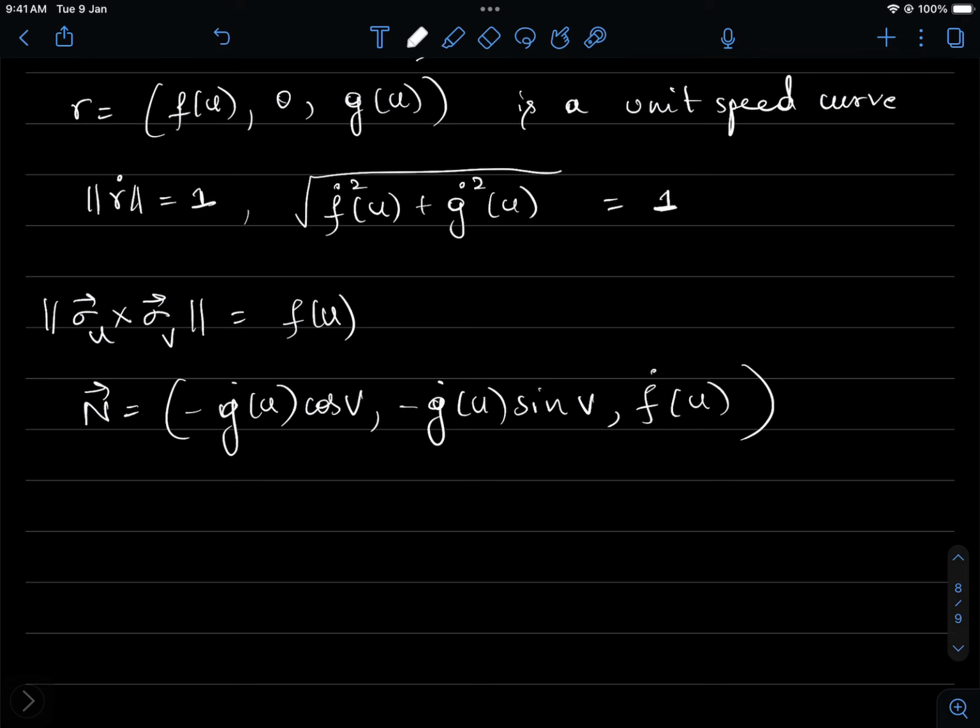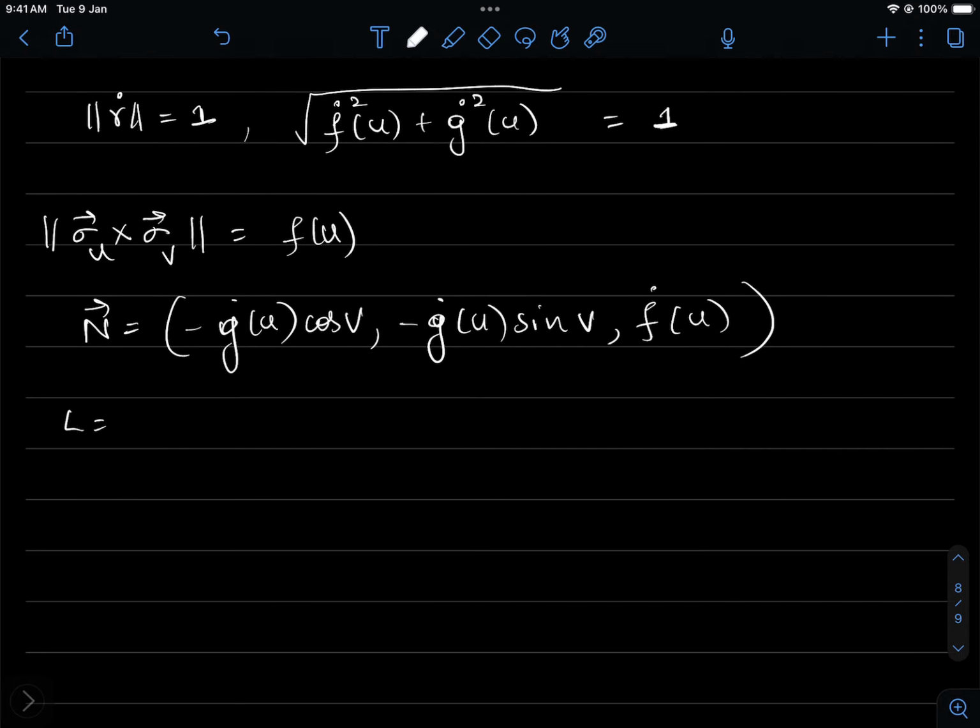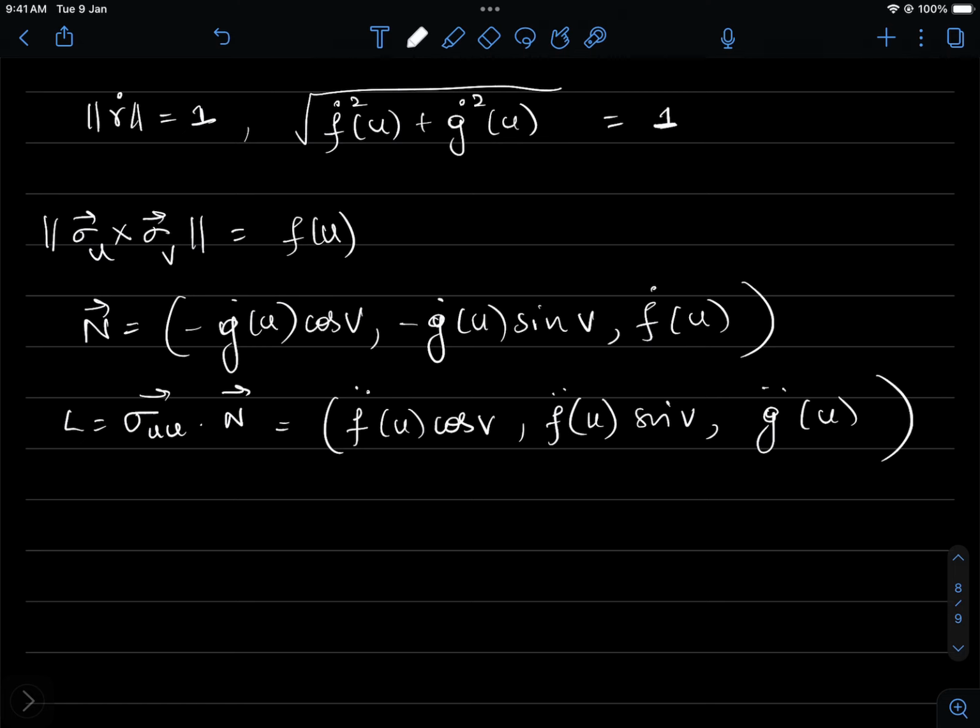Now let's find out what L is. We have everything now. L is sigma uu dot n. What is sigma uu? It is f double dot u cos v, f double dot u sin v, comma g double dot u.